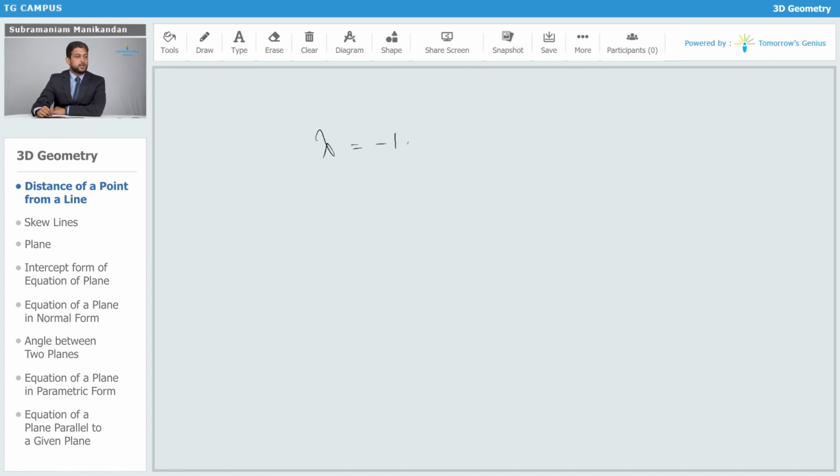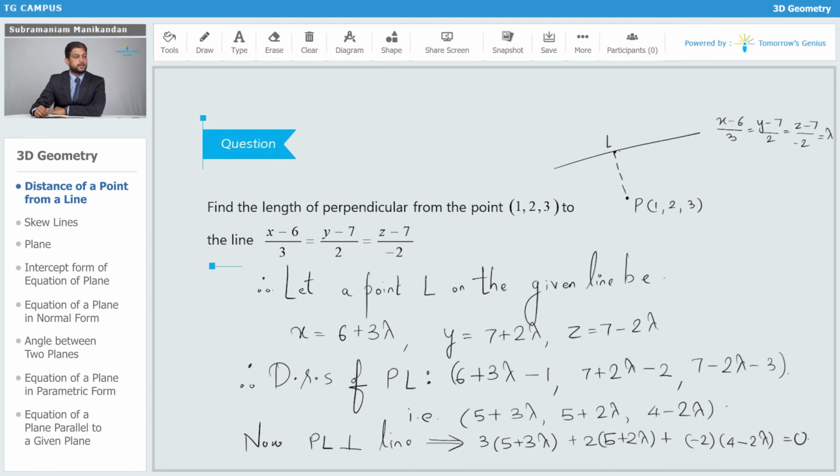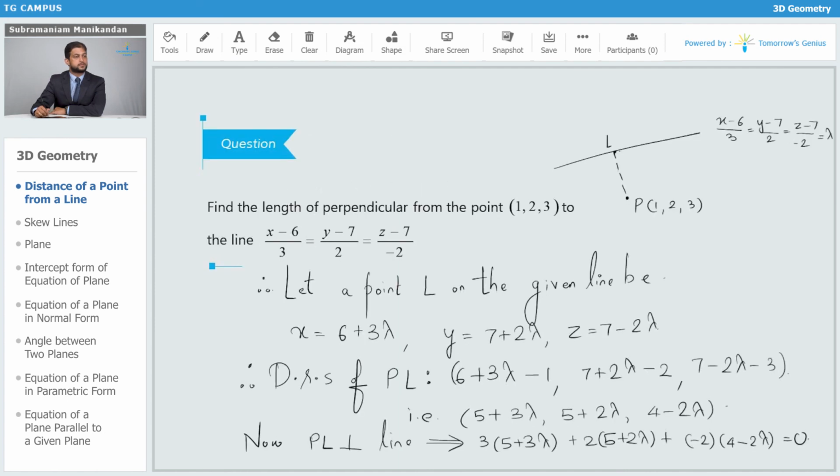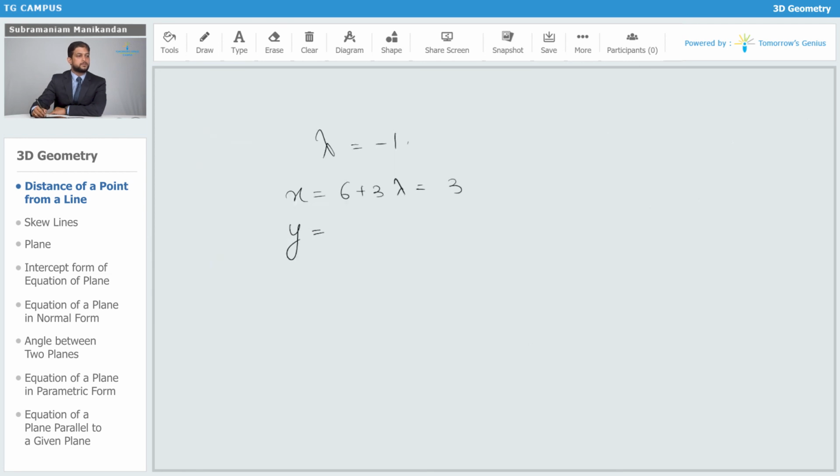So therefore, we get the coordinates of the point L as x equals 6 plus 3 lambda, which is equal to 3, y as 7 plus 2 lambda, so that's equal to 5, and z as 7 minus 2 lambda, so that's equal to 9.